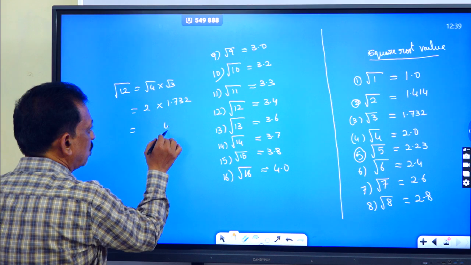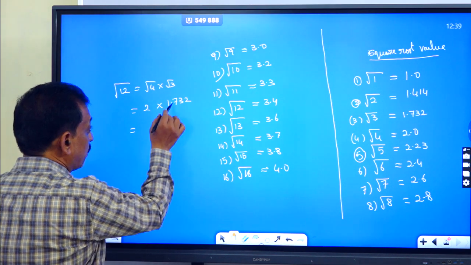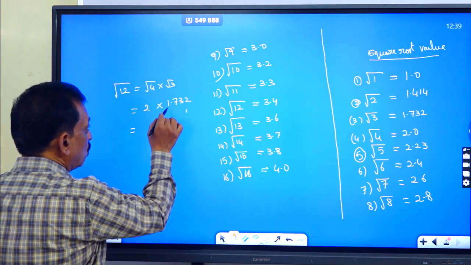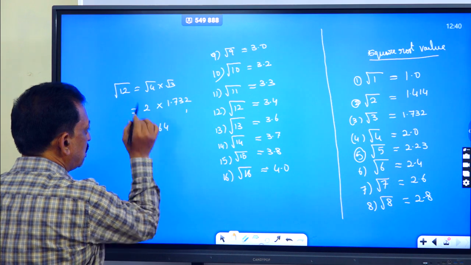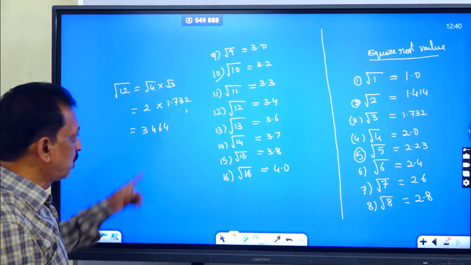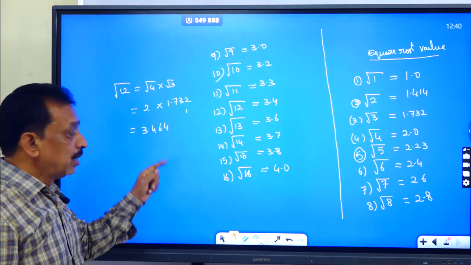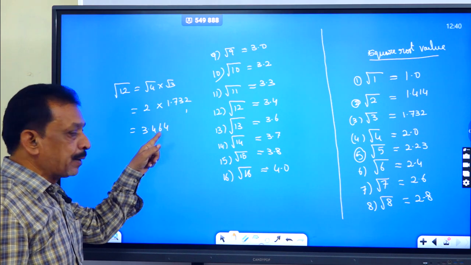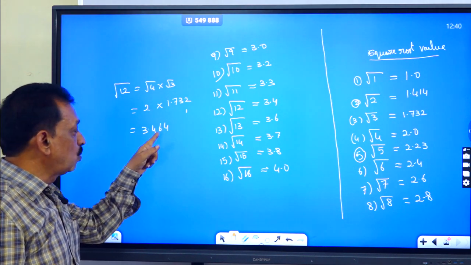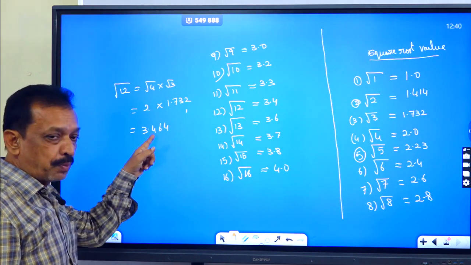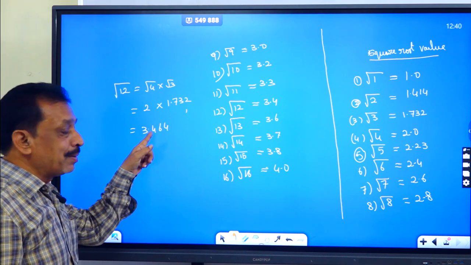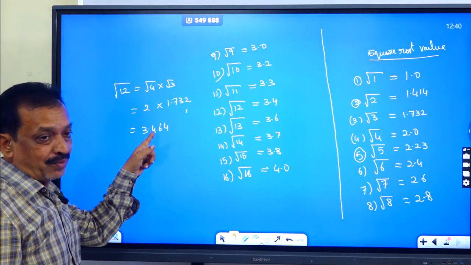2 2s are 4, 2 3s are 6, 2 7s are 14, 2 1s are 2, 3.464. But this number is more than 5, and if you want to round up to 1 decimal point, here the even number is there, you cannot increase the number value.